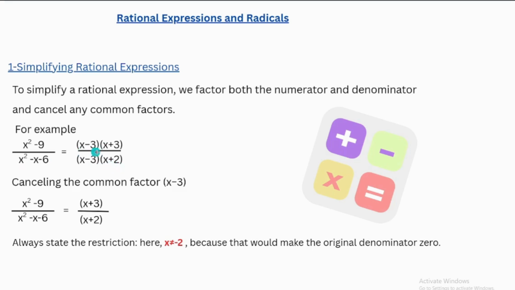We will see that x minus 3 is in the numerator and also in the denominator, so we will cancel the two factors with each other. We will have the remainder x plus 3 over x plus 2, and this is the simplest form for this expression. We have to say that x is not equal to negative 2 because we don't want the denominator to be equal to 0, because it's undefined.